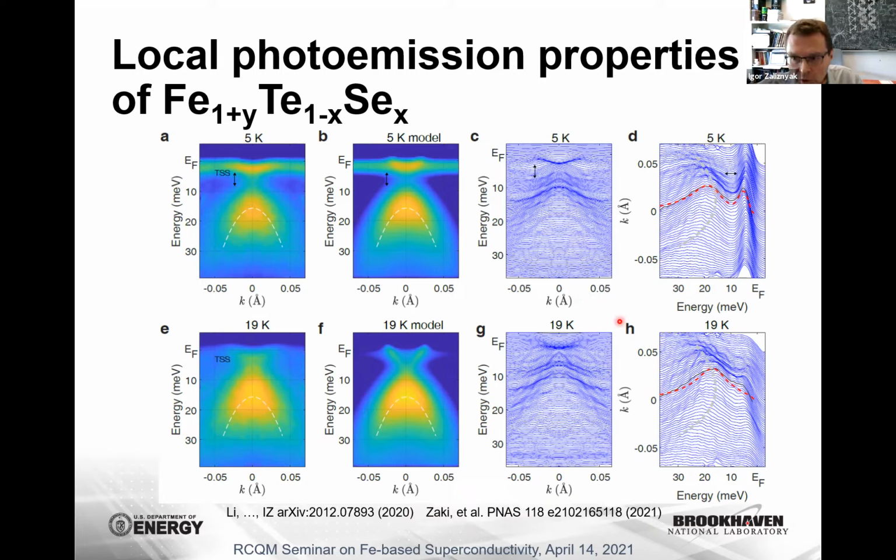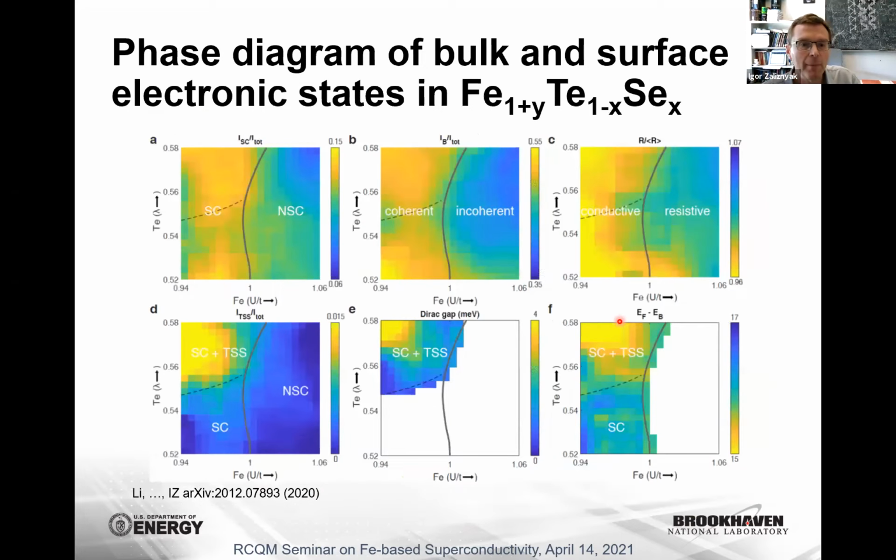And so we used it to quantify the presence of a certain feature, quantifying the existence of a certain electronic state under that spot on a sample. Here we represent the intensity of each of the features as a function of iron content and tellurium content, so this forms a sort of phase diagram.